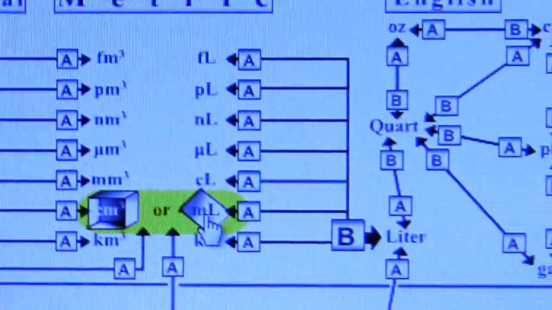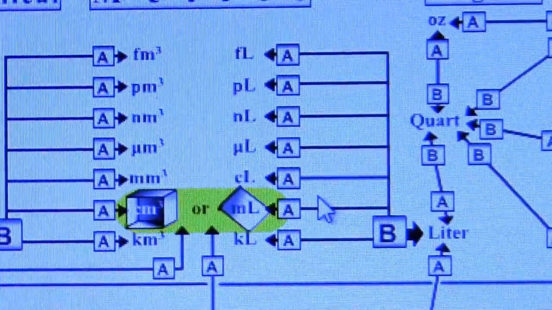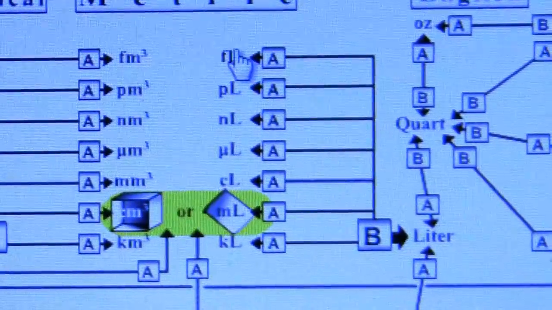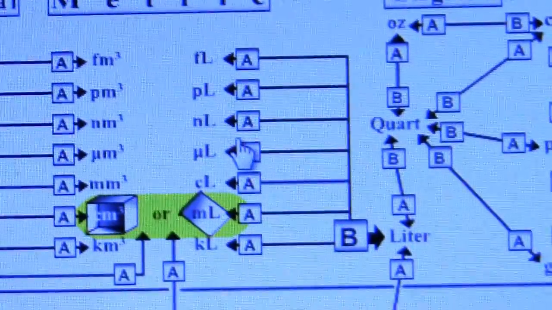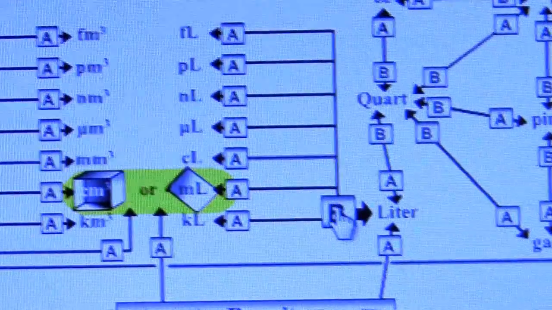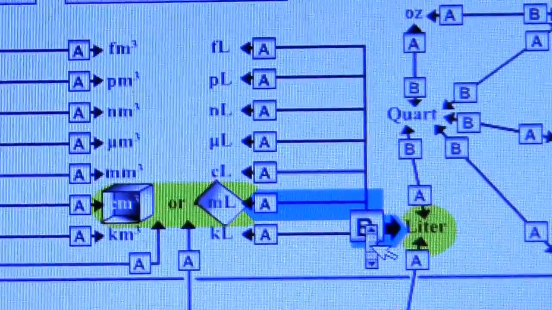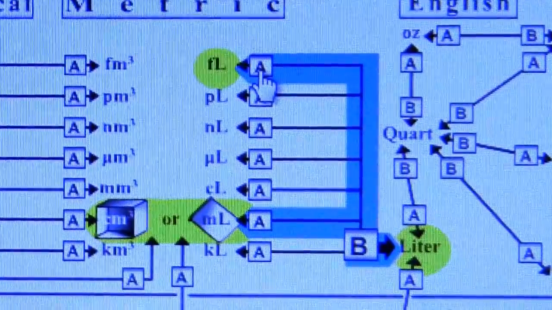They're the same size. And we were going to convert that to femtoliters. Before we can go between either of those, we have to make our stop at liters. Then we can go up here to femtoliters.